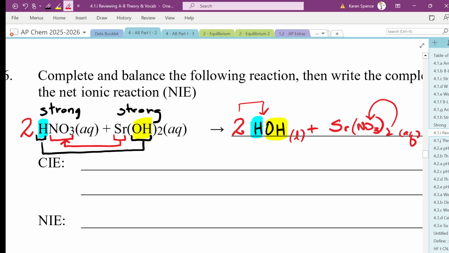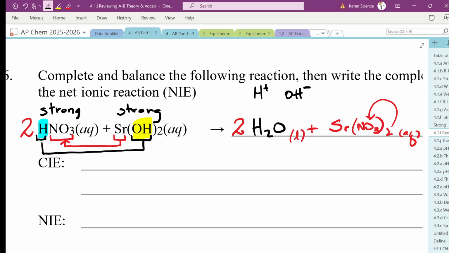Yes? Now, should you not want to go the HOH route, you can simply write this as, of course, H2O. The thing you need to realize is that every H2O is made of 1 hydrogen and 1 hydroxide. So you need exactly the same number of hydrogens and hydroxides and water.